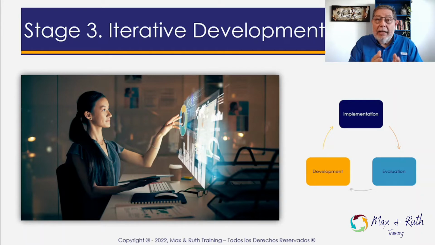And then you implement. You go into the implementation step. And in that implementation, you are constantly evaluating how the course works, if everything is as it should be, if the students are engaged, if the exercises are correct. And you do this in different development sub-stages, I would call them.